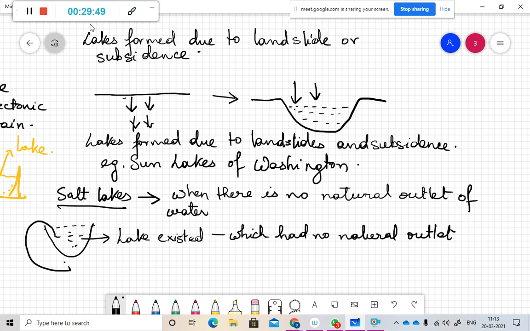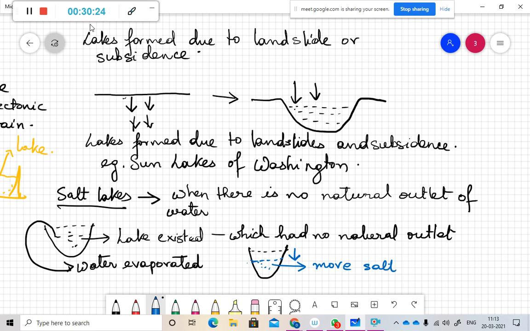And the water evaporated. Here the initial level was, the new level becomes this. So the water level came down. So this region has got more salt present. These are the salt lakes.